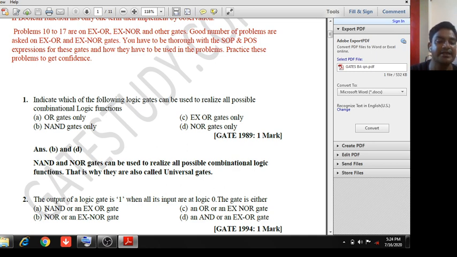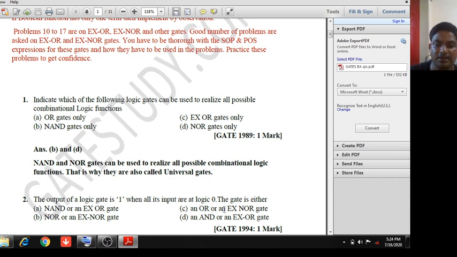So NAND gate or an XOR gate. In case of XOR gate, if all inputs are 0, output is 0. So this option you can eliminate. Now come to the next, an OR and an XOR gate. In OR gate, if all inputs are 0, output is always 0.